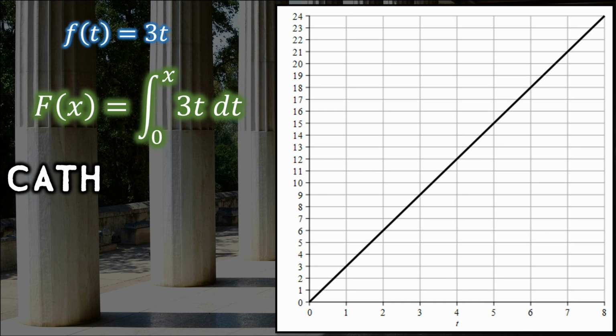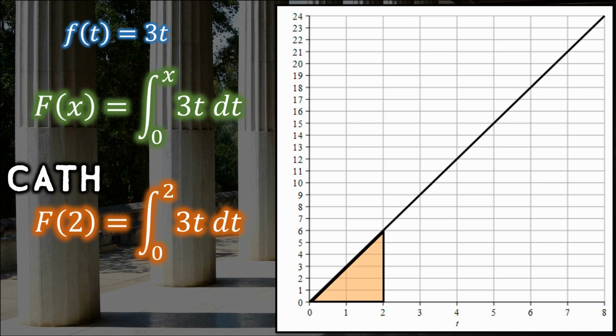So essentially, here's how it works. If you want to find F of 2, for example, F of 2 is the definite integral from 0 to 2 of 3t dt. And here's the graph of 3t. It's just the linear function of 3 times t. Then our function finds the area under that curve between 0 and 2.